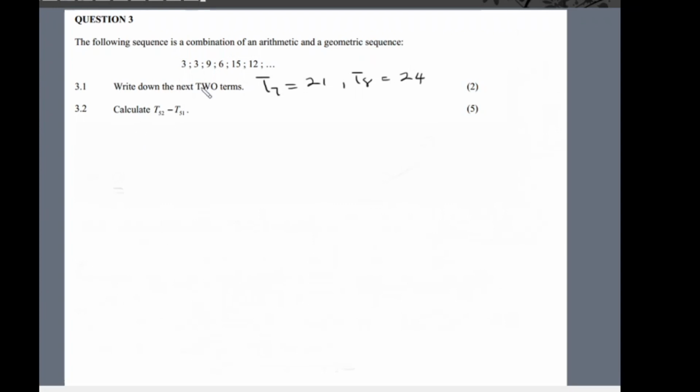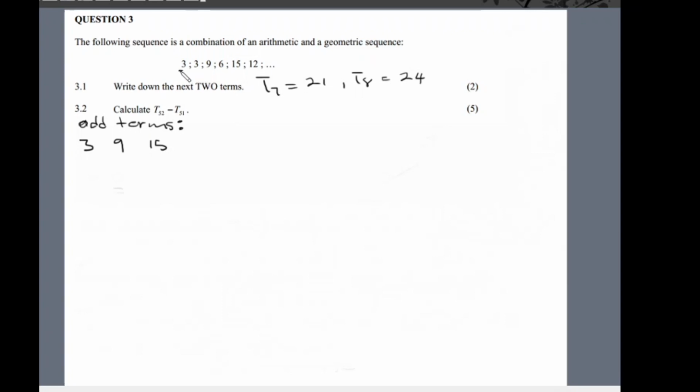So notice that in this sequence, the odd terms form an arithmetic sequence, and then the even terms form a geometric sequence. So the odd terms are 3, 9, 15, right?